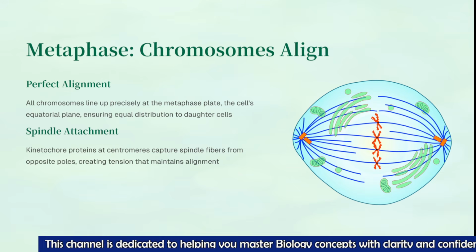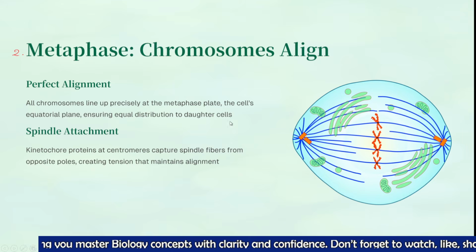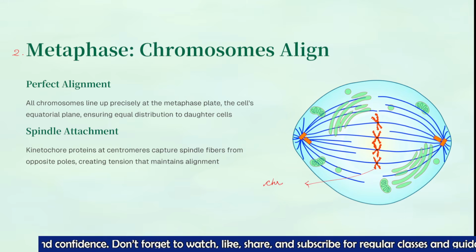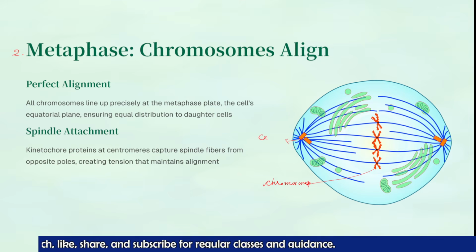Moving on to the next phase, that is the metaphase. The second phase is the metaphase. Just have a look at the diagram here: you can see the chromosomes, and the centrioles.